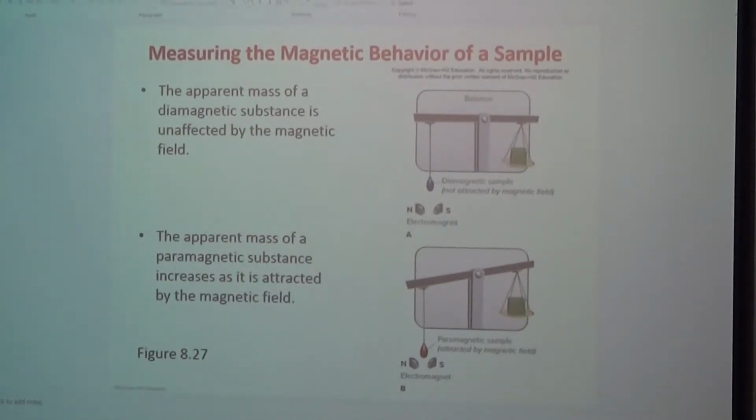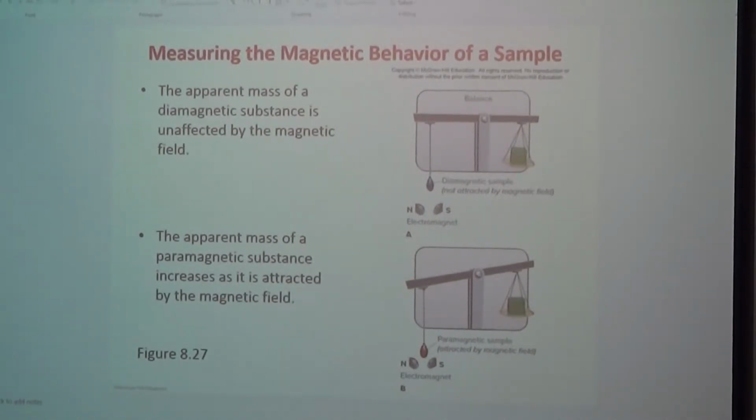That's the balance principle. Now we put a magnetic field around that sample. If that sample does not interact with the magnetic field, then the balance stays horizontal. That would be the case if this substance was diamagnetic. Remember, diamagnetic means all of the electrons are paired. We have spin pairs everywhere.